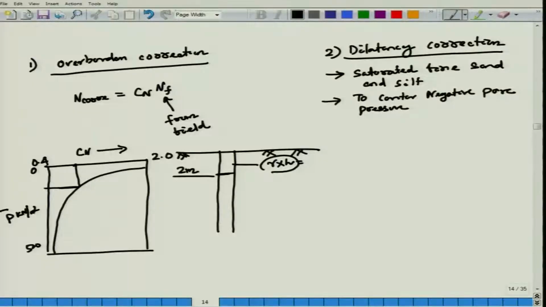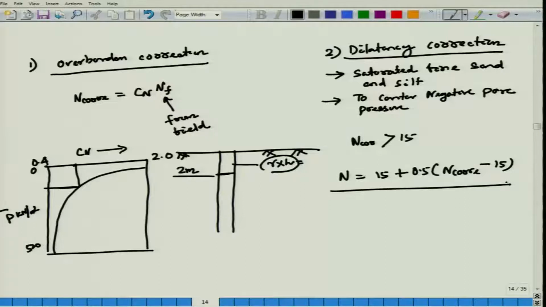Remember, dilatancy correction follows after your overburden correction. You cannot do dilatancy correction first, then overburden. First overburden correction, then dilatancy correction. If N corrected is greater than 15 after overburden correction, then finally after dilatancy correction, N equals 15 plus 0.5 into (N corrected minus 15).